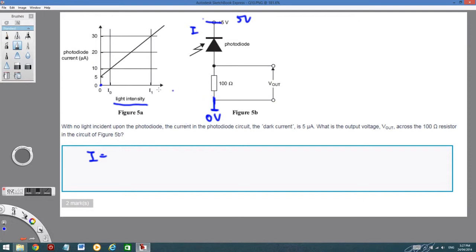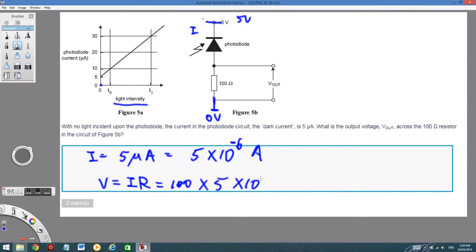The current should be 5 microamps, which is 5 times 10 to the power of minus 6 amps. Then when we have the current, we can easily find the voltage, V equals IR. So 100 times 5 times 10 to the power of minus 6 amps. Put it in your calculator, it's going to be 5 times 10 to the power of minus 4 volts, when there is no light shining on it.